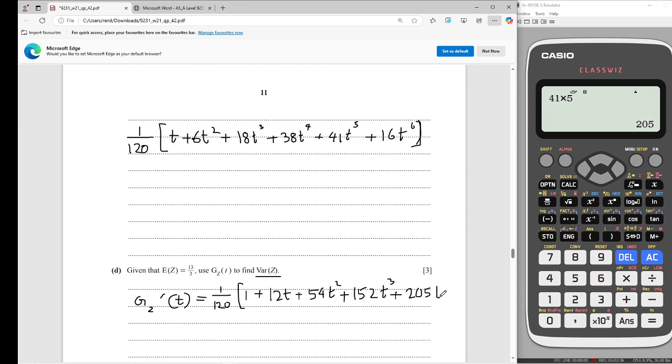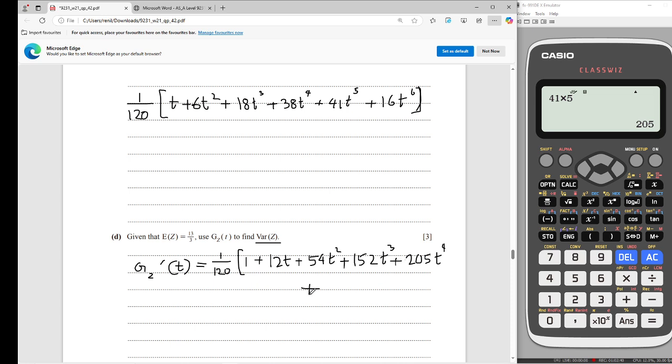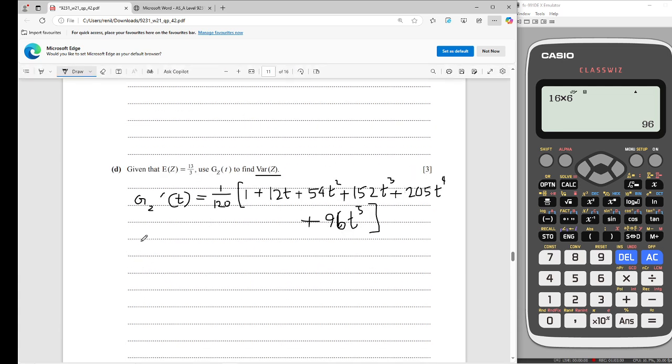Finally, we're going to have here 16 times 6, which is 96. Yeah, 96 with t to the power 5. So this is our single differentiate, and we can plug in t equals 1 to get 13 over 3, but that's already given, so why waste time?